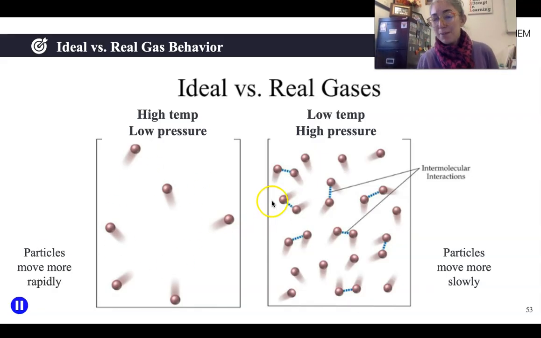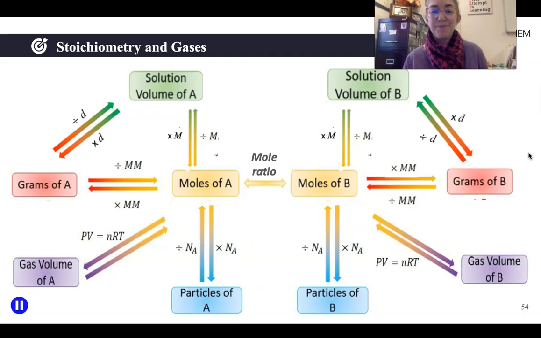As we lower the temperature and/or increase the pressure, the particles start getting closer together, they're slowing down, and they can start having attractions to each other, and start behaving more like liquids than like gases. And so that's the difference between an ideal gas and a real gas behavior at lower temperatures, higher pressures.